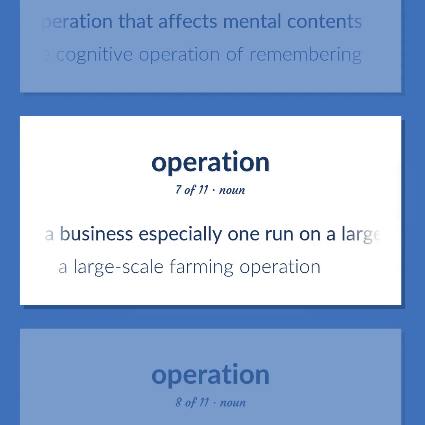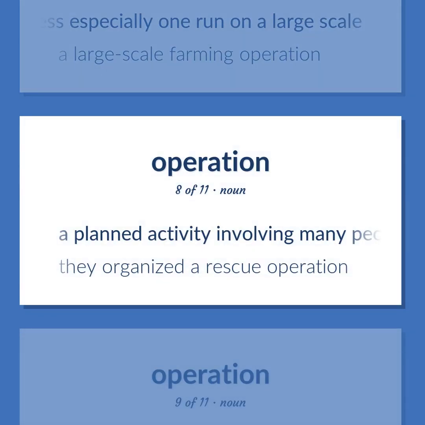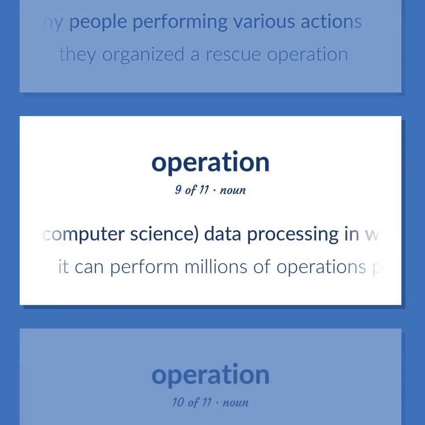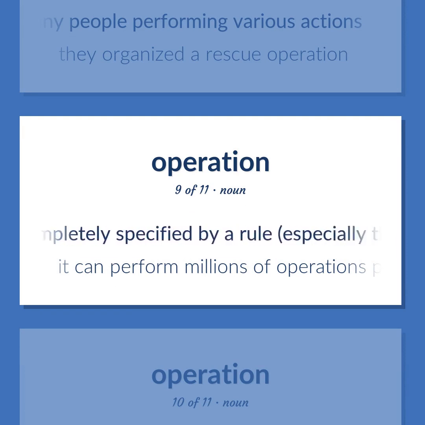A business, especially one run on a large scale. A large-scale farming operation. A planned activity involving many people performing various actions. They organized a rescue operation. Computer science, data processing in which the result is completely specified by a rule, especially the processing that results from a single instruction.